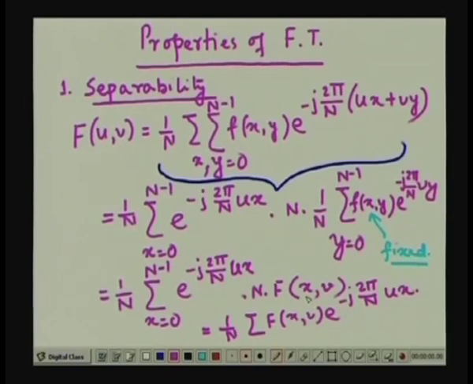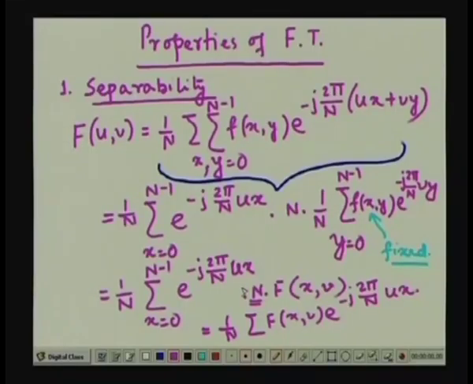So, the first operation is the Fourier transformation over the different rows of the image, multiplying this intermediate result by the factor of capital N. This intermediate Fourier transformation matrix, we further take the Fourier transformation of different columns of it to get the final Fourier transformation.